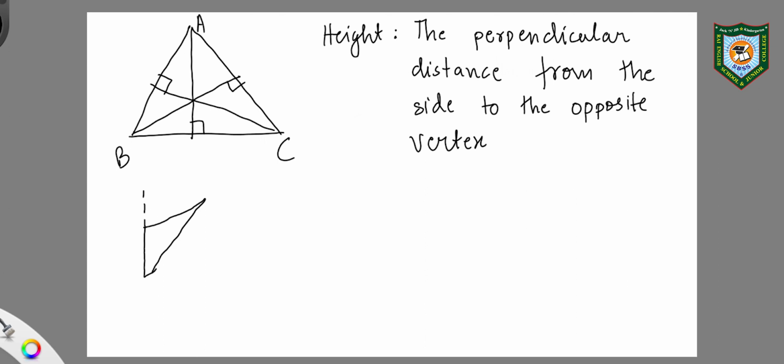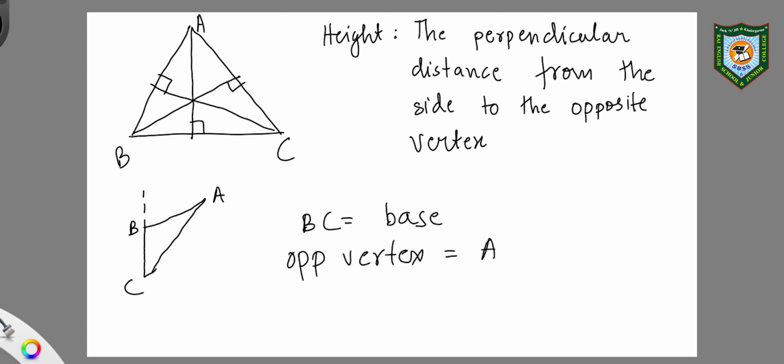As you can see, there is no perpendicular line here, but if I choose ABC and BC is my base, the height is from the opposite vertex, so my opposite vertex becomes A. Now the moment my opposite vertex becomes A, I need to draw a perpendicular line from BC to A. So the only perpendicular line is this particular line.